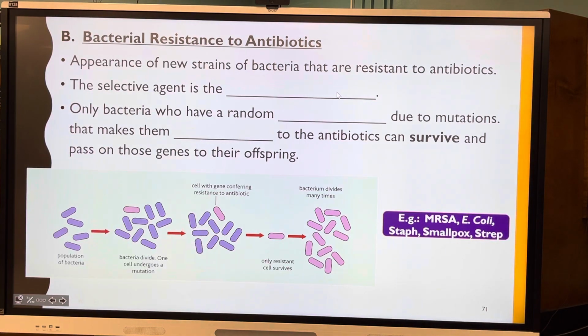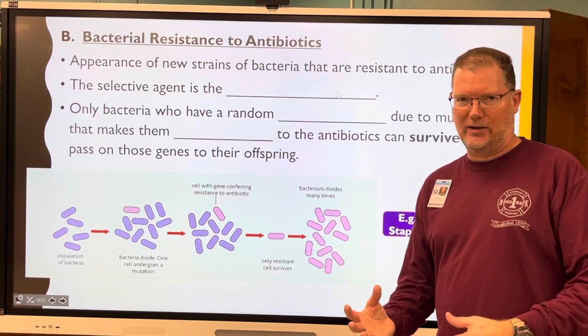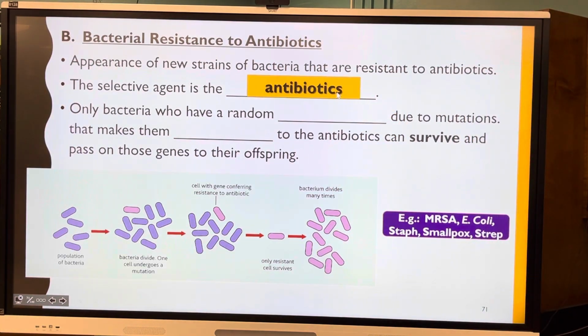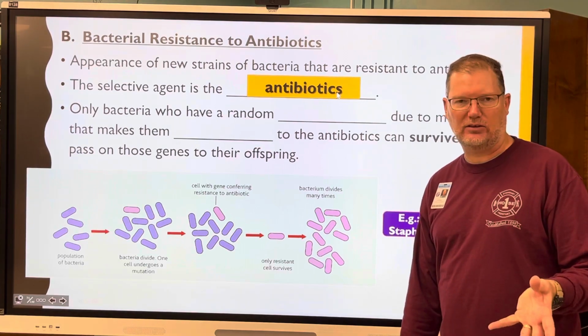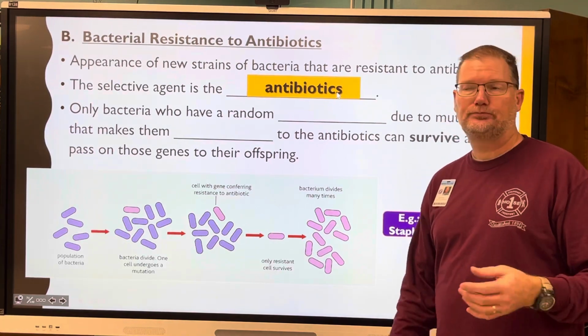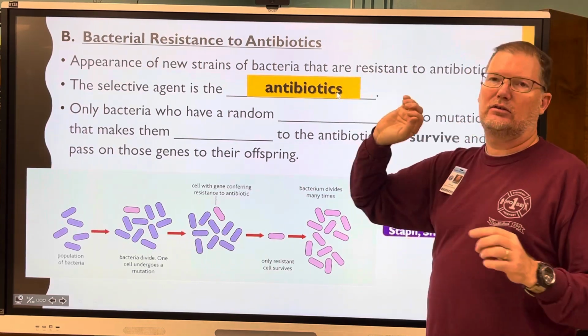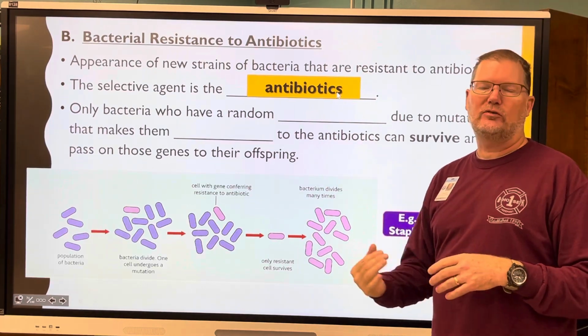All right, so bacterial resistance to antibiotics. This is another way that we can see evolution happening right in front of us, okay? So, new strains of bacteria. You may have heard of staph bacteria or staphylococcus bacteria, a staph infection. There is antibiotic-resistant staph bacteria that even in the hospitals, they can't get rid of.